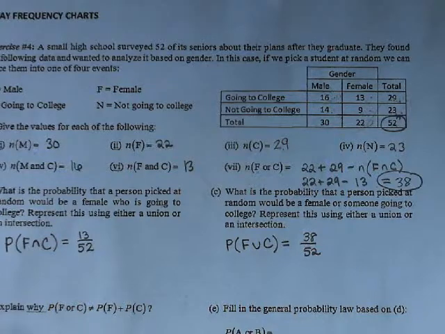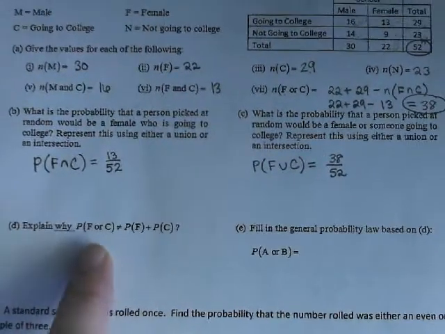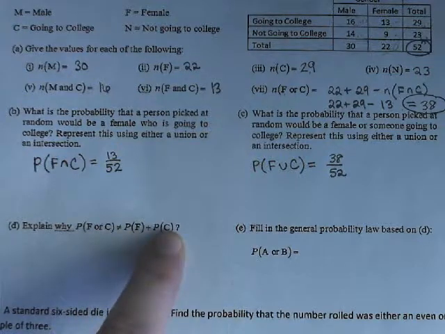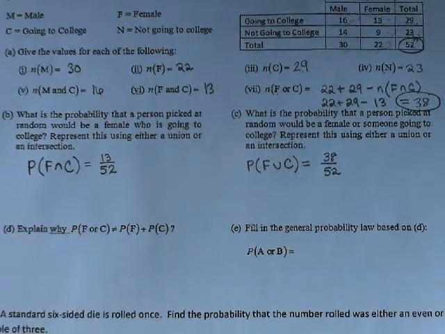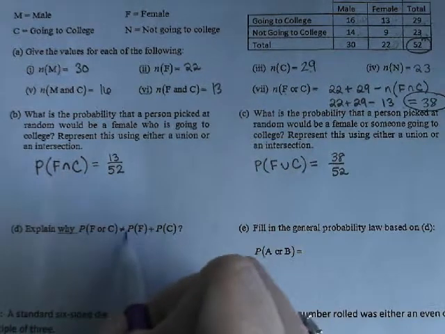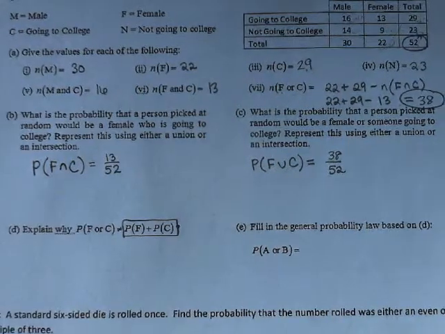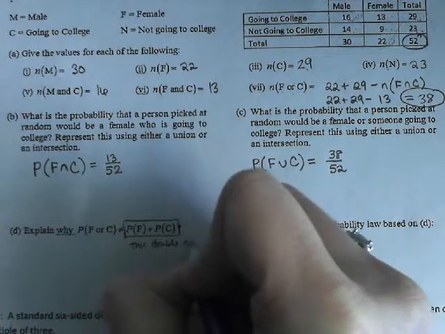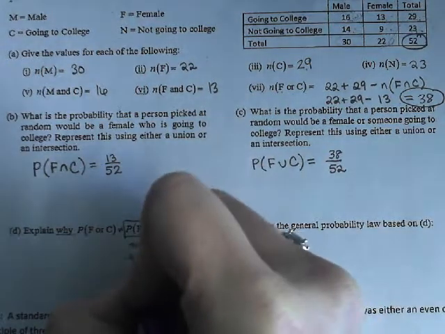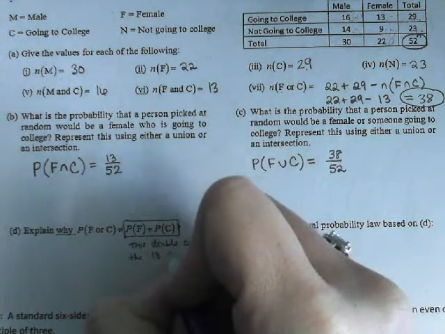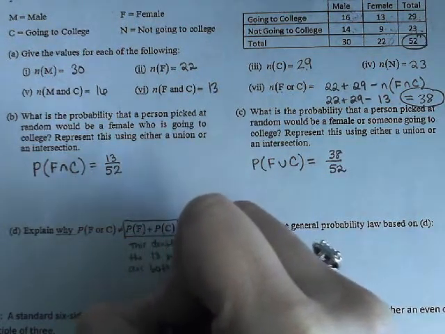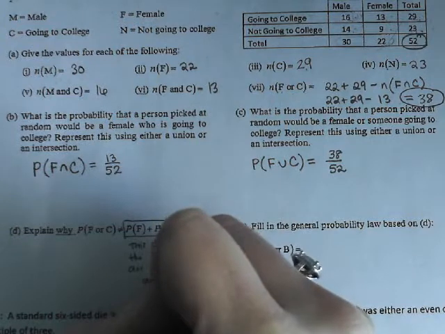And then just an explanation of why the probability of female or going to college does not equal the probability of female plus the probability of being in college. We already said it's because this one double counts the 13 people who are both female and going to college.